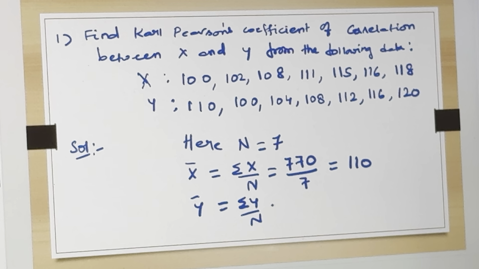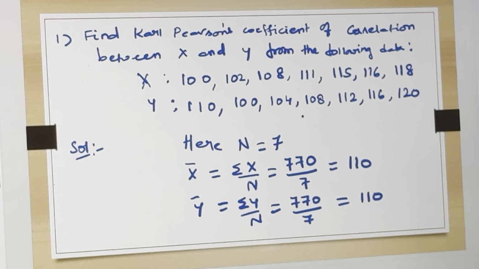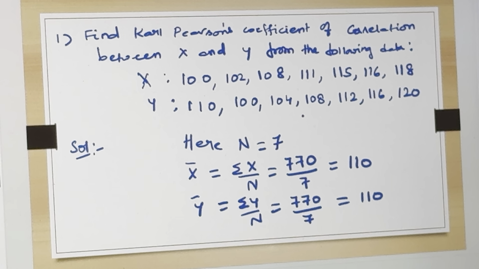Summation y upon n, which is again equal to, when you are adding all the values of y, in this example you will be getting 770 upon n is 7. Again the value of y bar is 110. Not necessary that always x bar and y bar will be same. Okay, it can be different depending upon the values which are given.